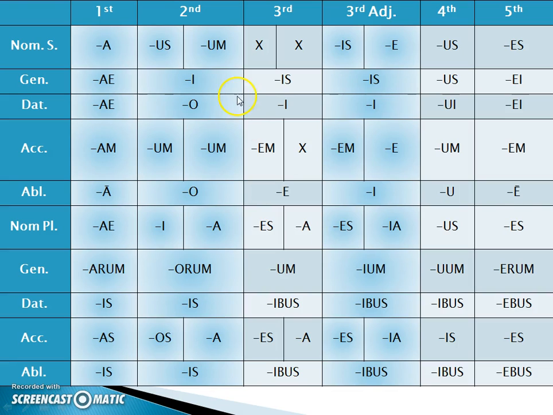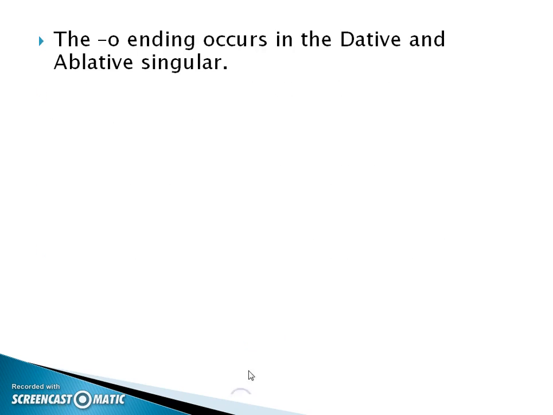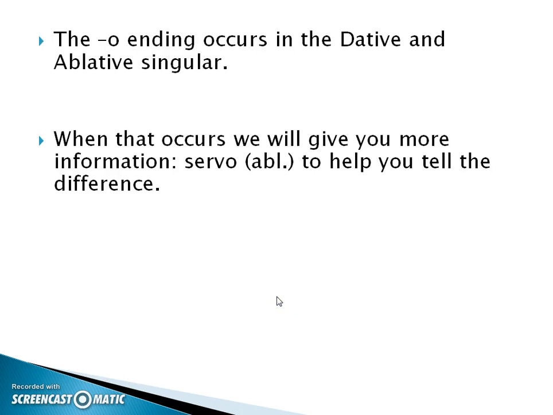We discover that it occurs here in the dative, and it occurs here in the ablative. That's a common thing, that the ending will occur in more than one place. But what do you do with that? When it occurs in more than one place, we'll give you more information to help you tell the difference. For example, we'll say servo, and then in parentheses we'll say ablative.